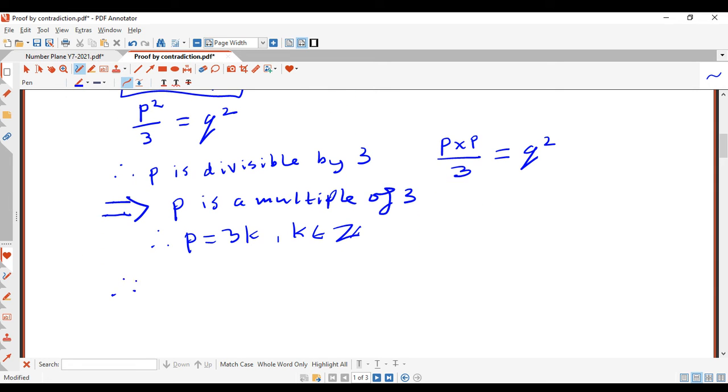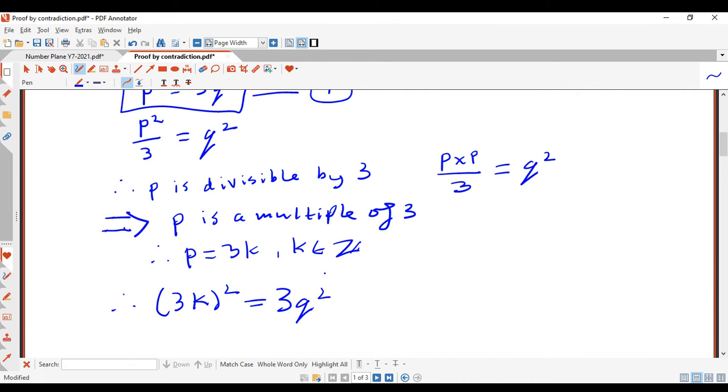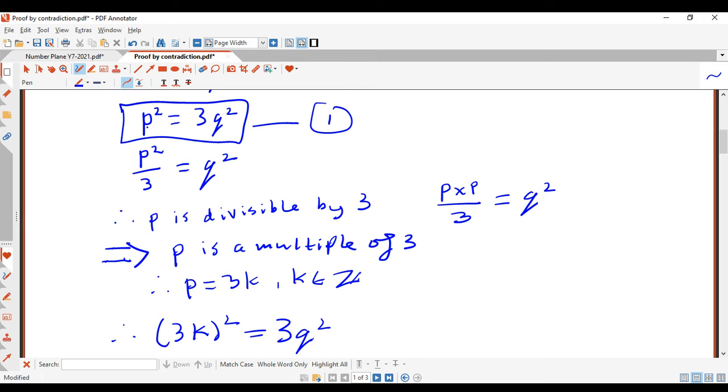So, therefore, 3k all squared, okay, is equal to 3q squared, isn't it? Okay, if you come back to here, I'm just subbing in 3k there.